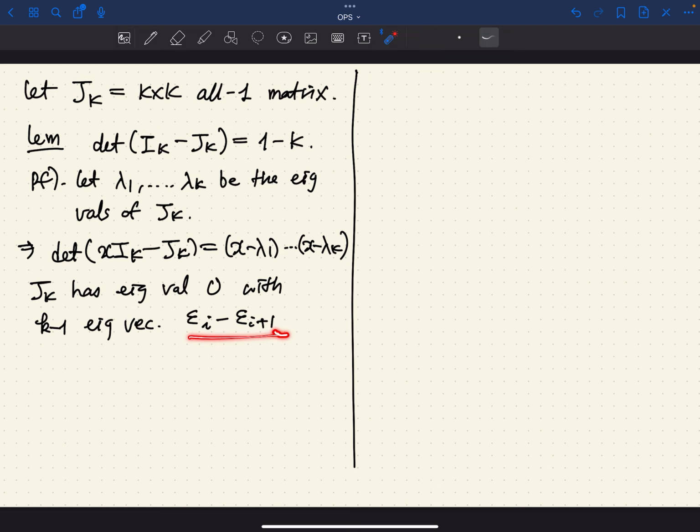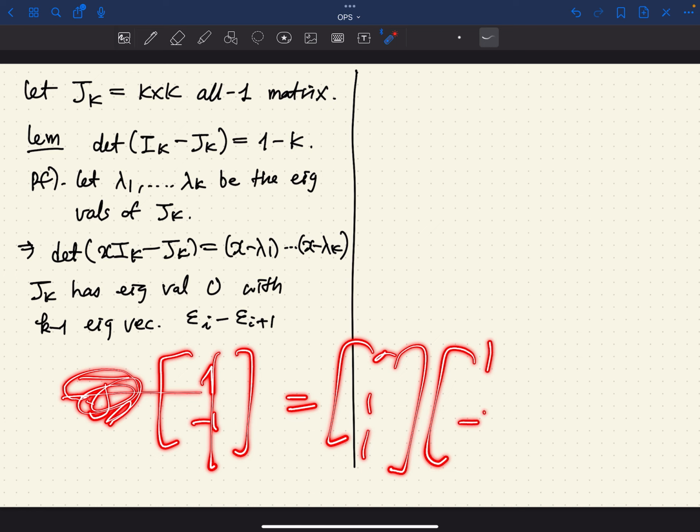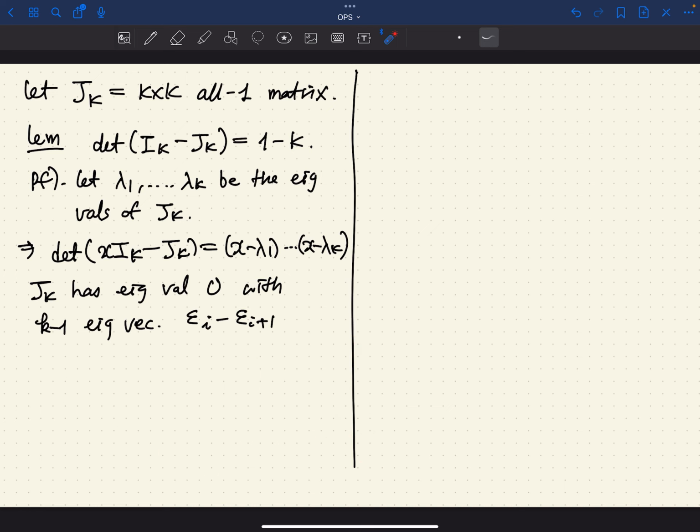If you multiply 1 minus 1, then everything is 1, so it'll be 0. So 0 is an eigenvalue, and this is an eigenvector. So we have found everything except one eigenvalue. We have already found k minus 1 eigenvalues, right? And the last one is also easy to find.